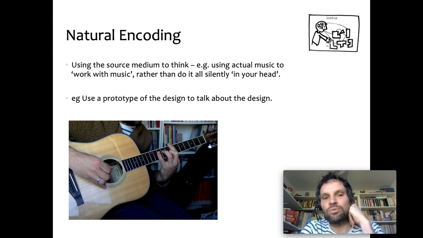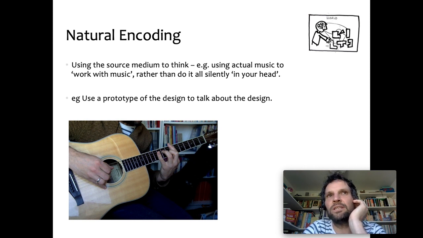The same is true with musicians, right? If you want to think about a new tune you want to play on the guitar, you don't do that on a flute, or only by writing on paper. You just grab a guitar and you start to play, right? You try it out. Now I think if you become really skilled, like famous composers, at some point composers almost don't need the musical instrument anymore.